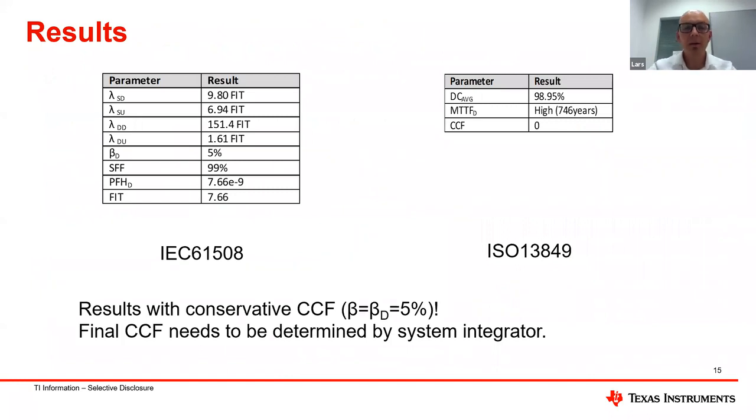So then coming back to our application, the results now after the calculation is 7.66 fit rate. We say, wow, 7.6 is already quite a bit. That's right. But it's important to understand that this number was taken with a very conservative common cause factor.